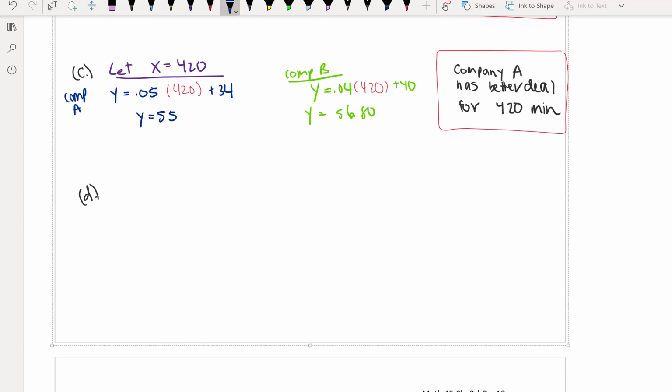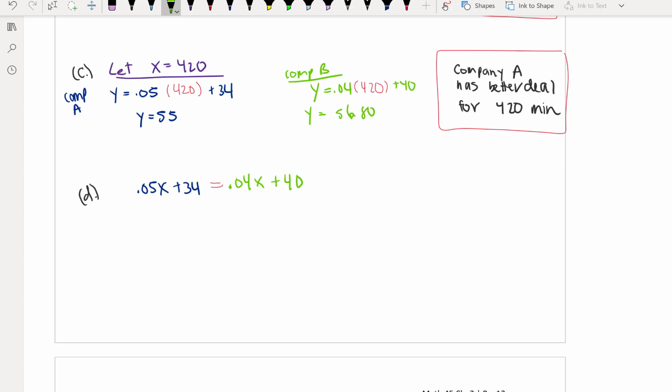So for equation A, we have 0.05x plus 34. We want to know when it's going to be equal to my company B, which is 0.04x plus 40. This is going to tell me when the cost is going to be equal for both plans.